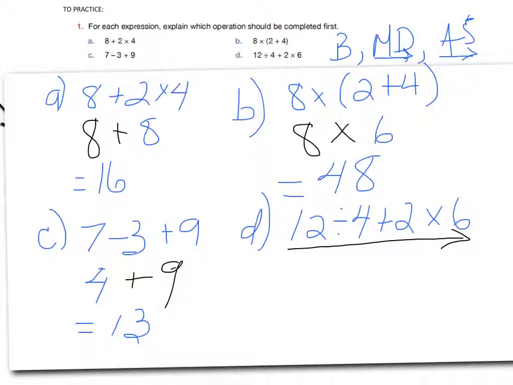So that means I first have to do the 12 divided by 4 part, which is 3. Then I have to do the 2 times 6 part, because that's continuing left to right. 2 times 6 is 12. I have to bring down what's left. Well, actually, all that's left is that plus sign. So I bring that plus sign down. 3 plus 12 is 15. So 15 is my final answer.